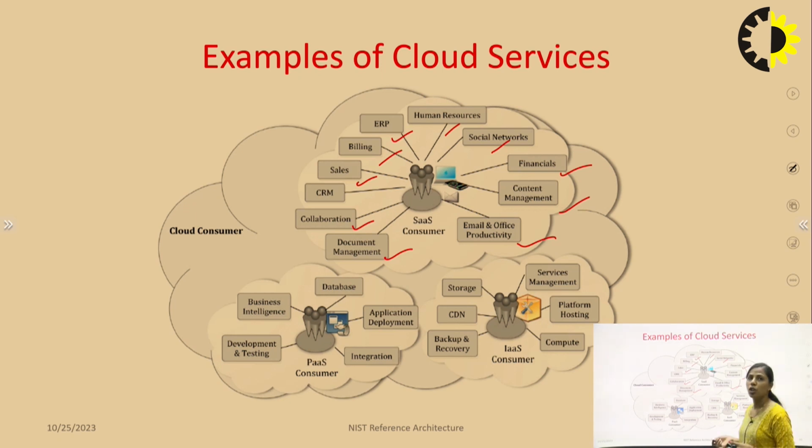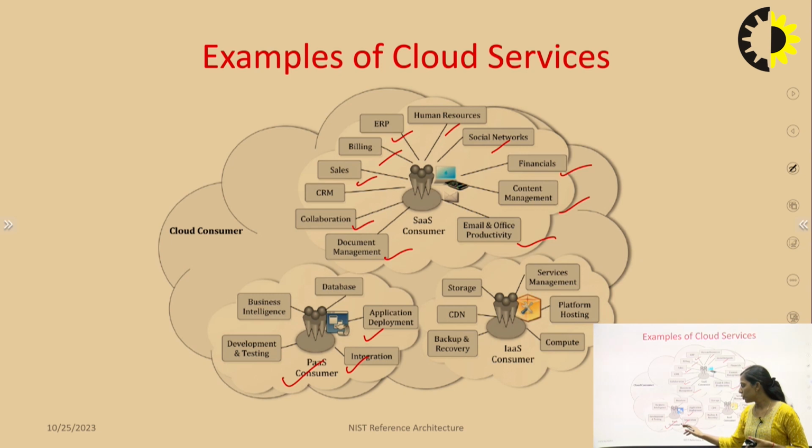Now, if we are talking about the PaaS consumer, meaning platform as a service, what platforms will we require for integration, for deployments, for databases? We use PaaS for integration, to integrate the different models. Then we have application deployments. We require an environment to deploy particular applications in our system, so we use PaaS.